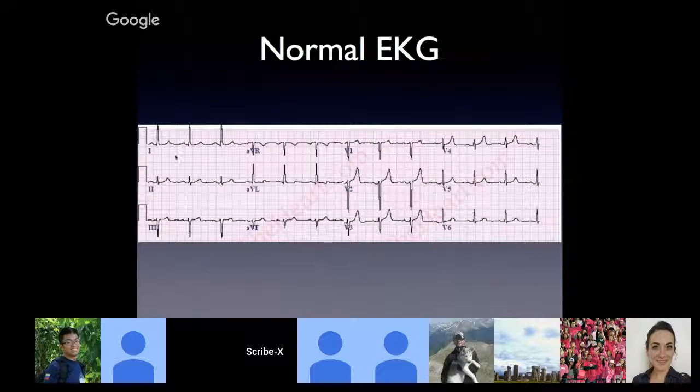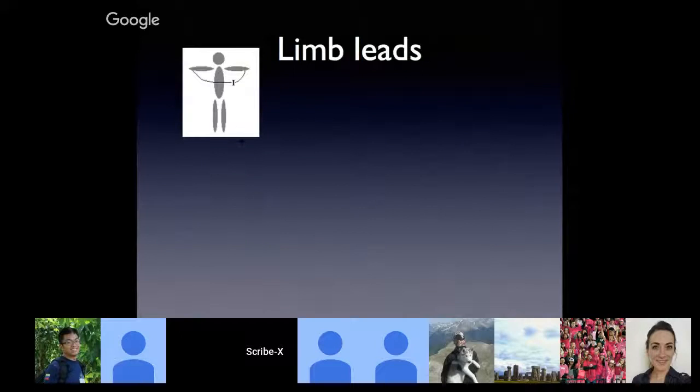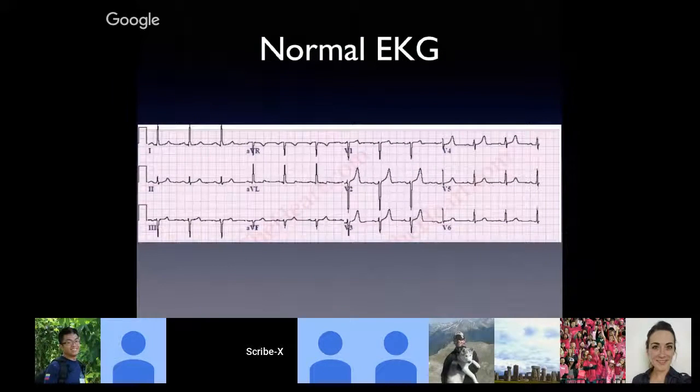The leads 1, 2, and 3 are the main leads that Dr. Eindhoven learned about when he performed his experiments on himself. And since that time, further leads have been developed. The augmented leads, AVR, AVL, and AVF, referring to right, left, and down to the foot.